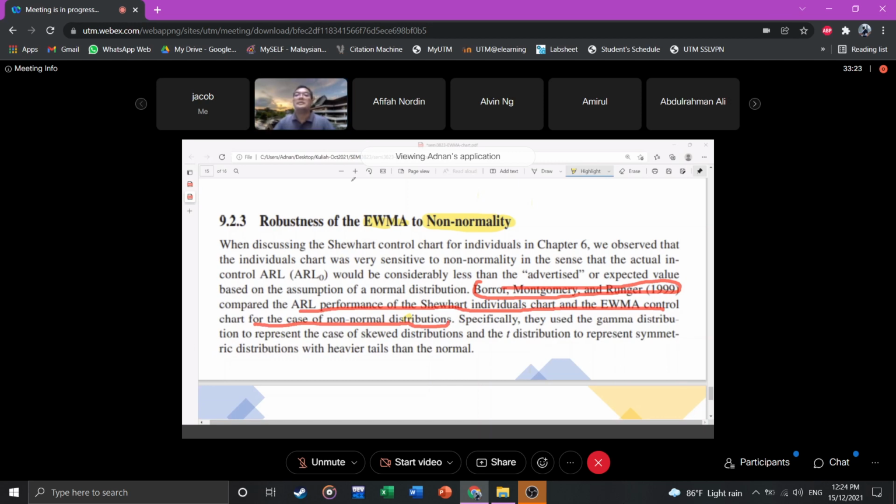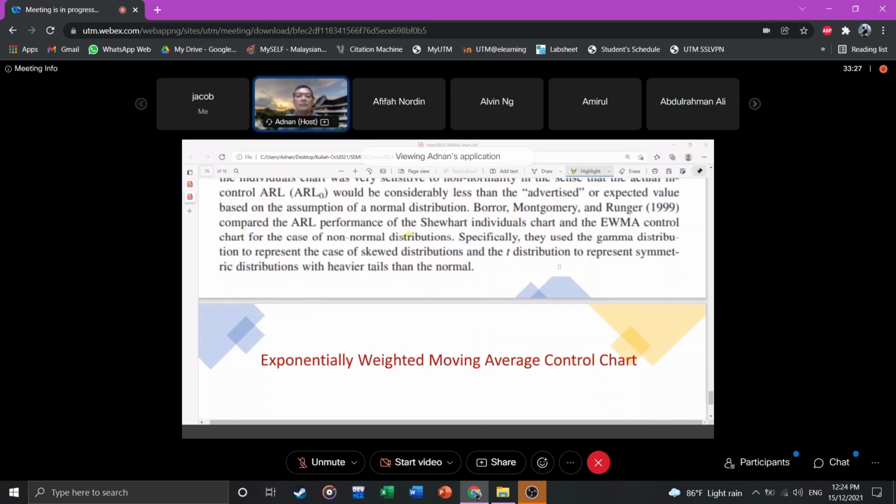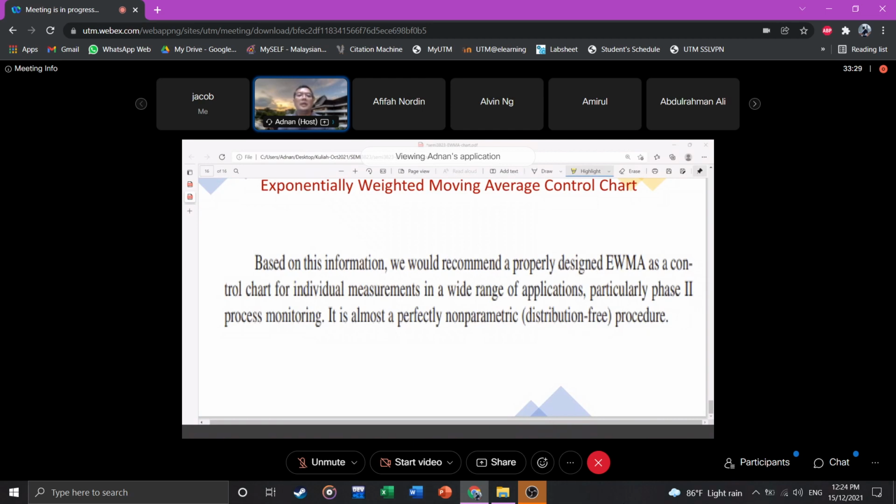How come my slide is not moving? Okay, this author recommended the design of UMA as a control chart for individual measurement in a wide range of applications, particularly phase 2 process monitoring. It means that after we do the revision, we have eliminated assignable causes.